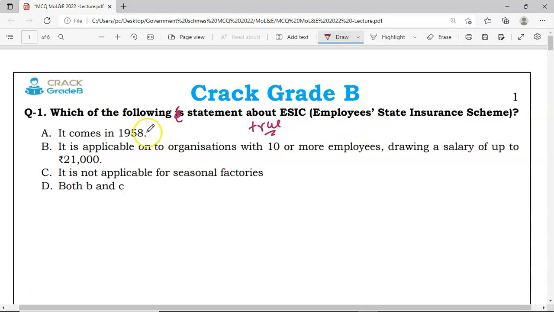It came in 1958. It is applicable to organizations with 10 or more employees drawing a salary up to 21,000. It is not applicable to seasonal factories. Or both B and C are true.